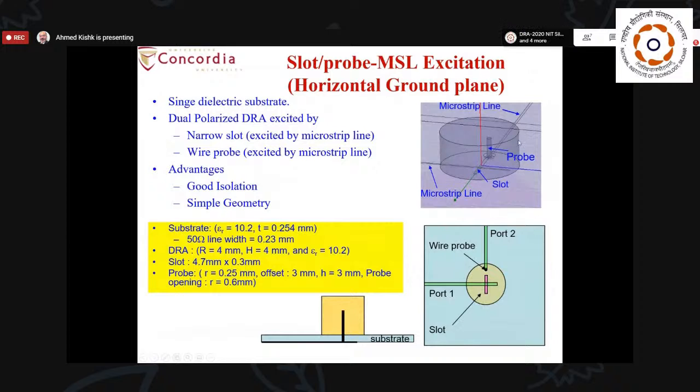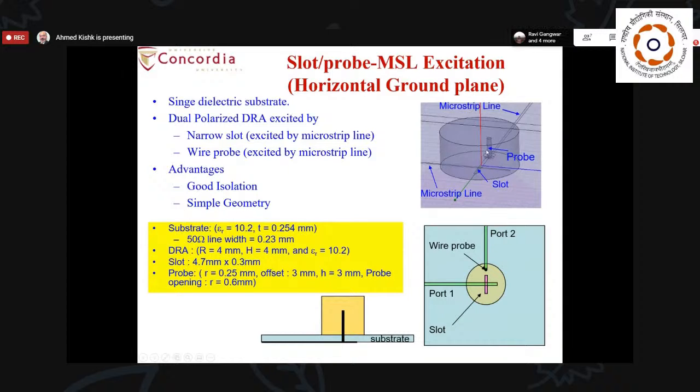You can also have a microstrip line instead of CPW exciting a probe. A microstrip line connected to a probe, and the slot orthogonal to it. But I have to mention something: here, in order to connect the probe to this microstrip, which is in the back of the ground plane, you have to make a circular hole and pass the probe through it to connect it to the microstrip line.